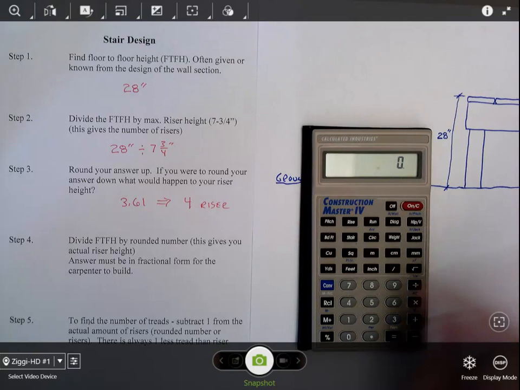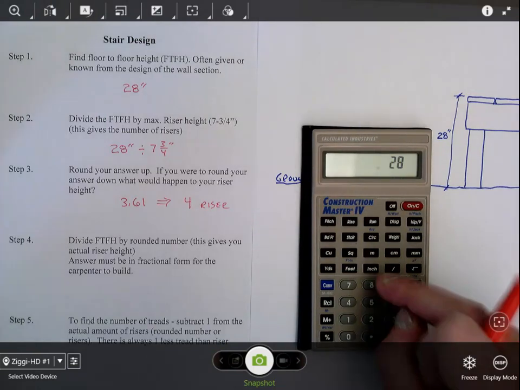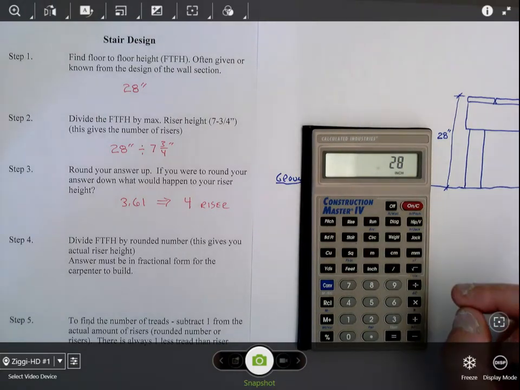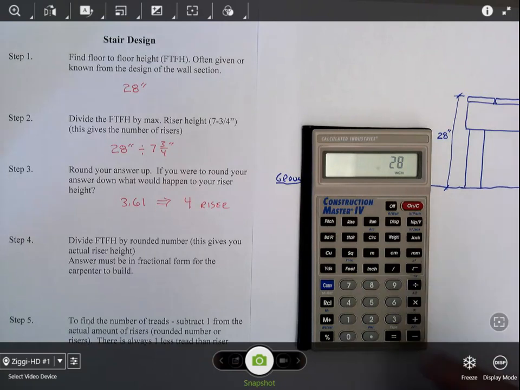We have 28 inches, and if we divide that by 3 risers, it gives us a riser height of 9 5/16 inches. So we don't have the option of rounding down because that takes us past our maximum riser height.